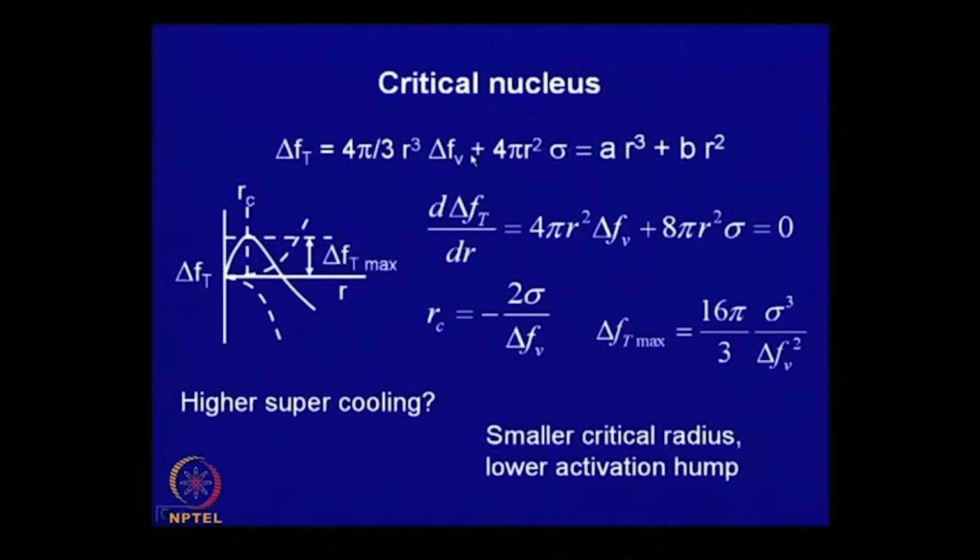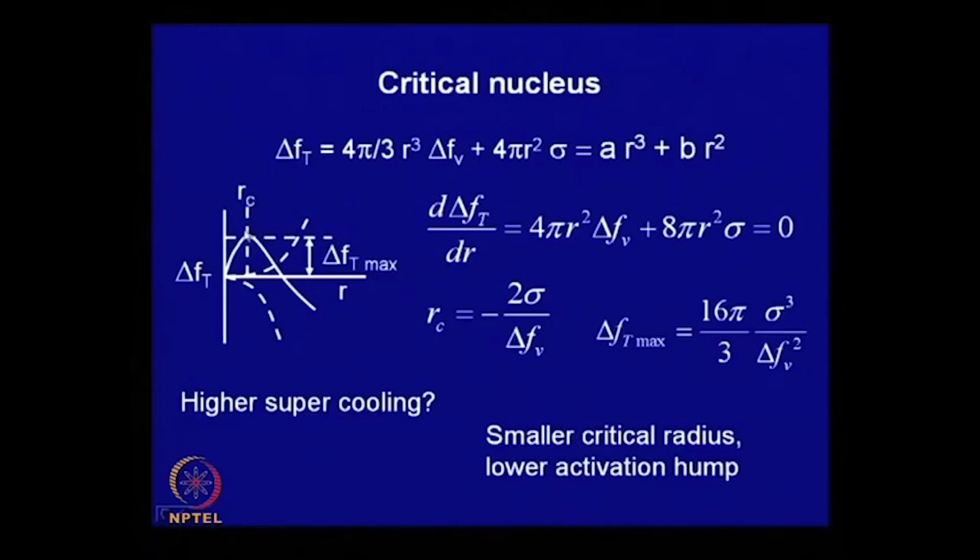One part is proportional to r cube, and the second part is proportional to r square, which is shown here. The surface energy increases like this, whereas the free energy per unit volume decreases, and since the power is cube, it decreases much more rapidly. So, if you add these, the total will show a behavior like this.